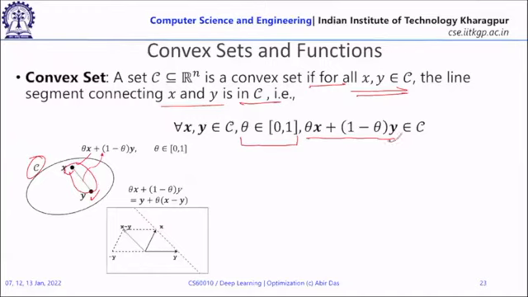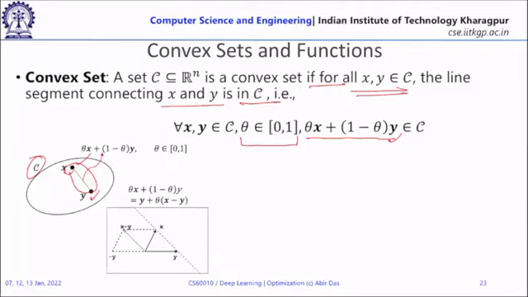This combination is called a convex combination between x and y. It is ultimately a linear combination, but a subset of the linear combinations. There are other combinations, such as conic combinations, etc.